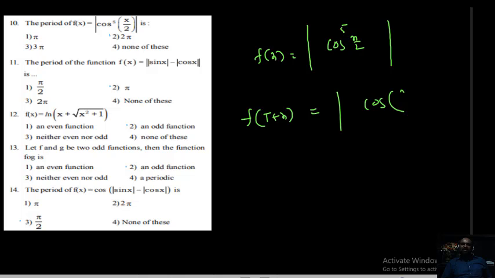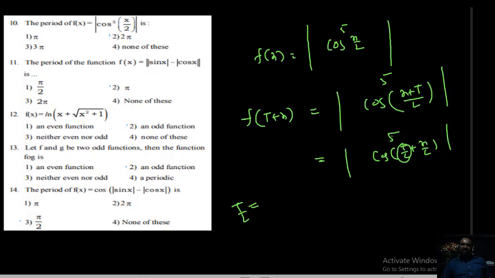Cos of x plus t by 2, power 5, so cos of t by 2 plus x by 2 power 5. Power 5 is the interesting thing. Instead of t by 2, I can write 2 pi, which will obviously satisfy.